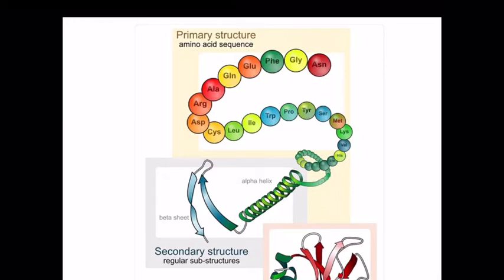So very small proteins might just have primary structure, like if they're 5 or 6 amino acids long or something like that. Generally proteins are bigger than that, however, and so when they get bigger than that, they start to form secondary structure. So here on what's currently the bottom left of the screen, we see secondary structure.